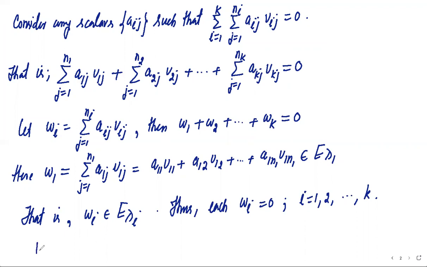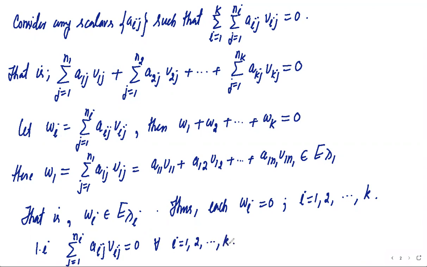So that is, when wi is equal to 0, it means summation j running from 1 to ni of aij vij is equal to 0 for all i running from 1 up to k.